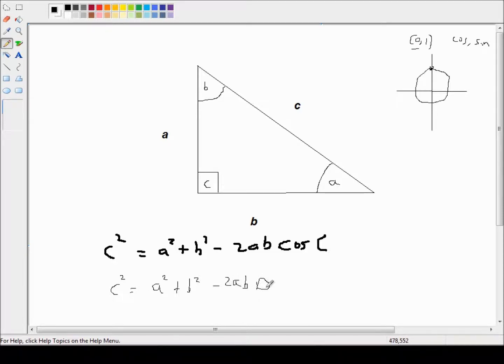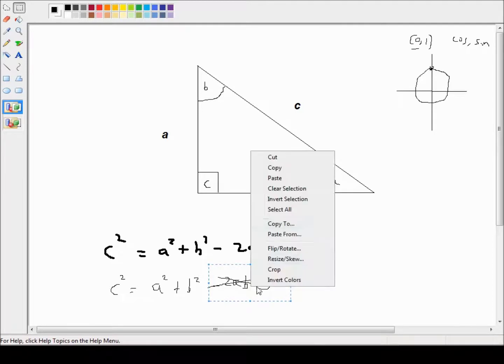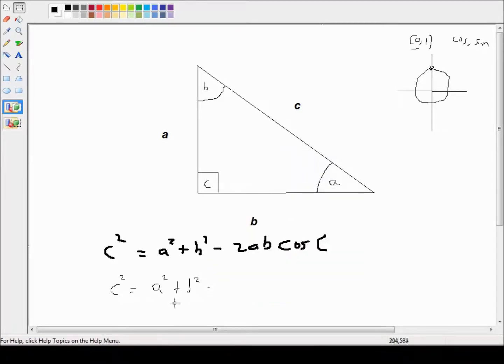Now anything multiplied by 0, so 2 times a times b times 0, anything times 0 is 0, so this whole term just disappears. Which leaves us with c squared is equal to a squared plus b squared, which is Pythagoras' theorem.